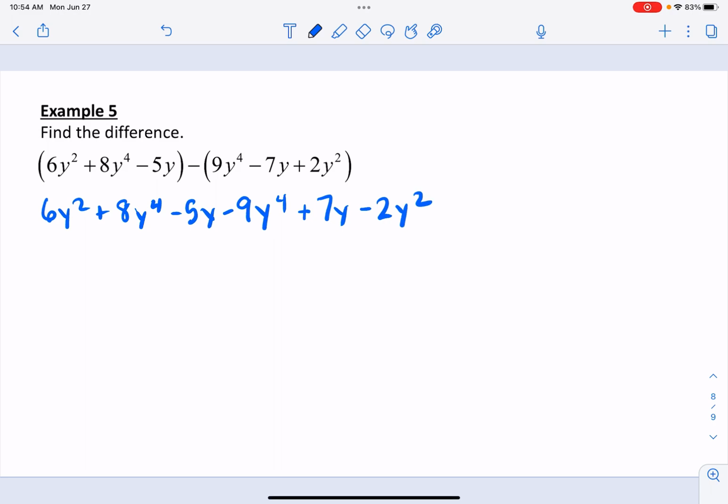I have 8y to the 4th minus 9y to the 4th. Let's say negative y to the 4th. Cross those off. I've taken care of those. Now look for your next highest degree. That's my 6y squared minus 2y squared. Those get canceled off. And then I have 7 minus negative 5y plus 7, so that is a plus 2y.